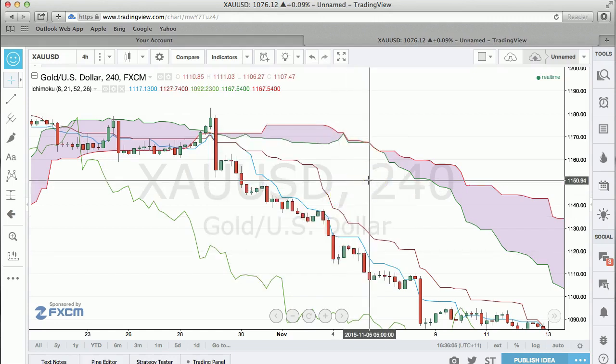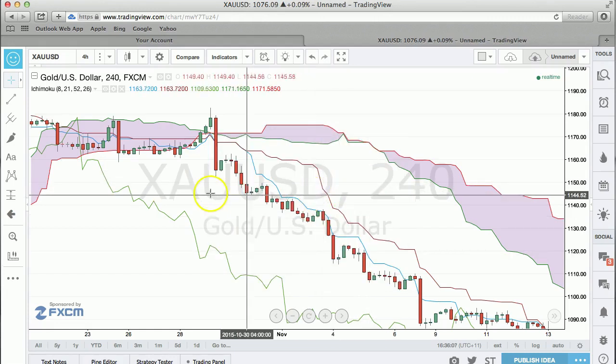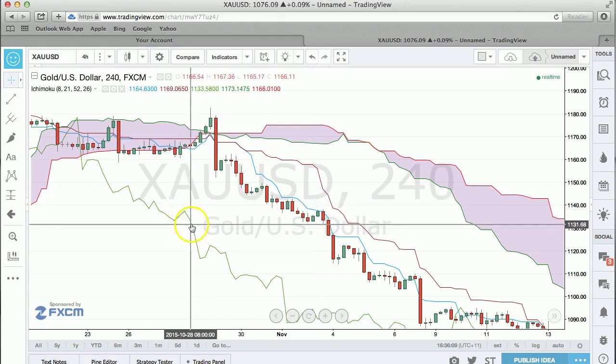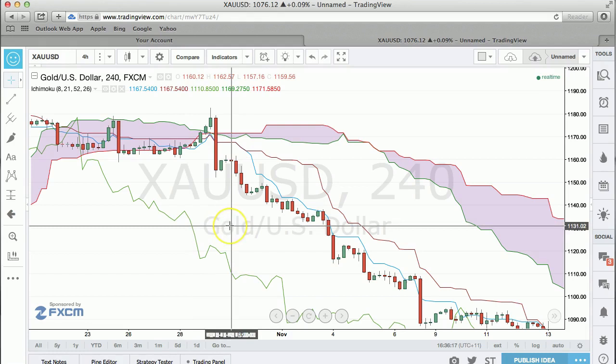Once you have 8 and 21 in, we're going to look at the green line, which I refer to as the money line. This green line is called the lagging line, and all it means is that if prices are closing below the lagging line, price can be bullish, and if prices are closing above the line, price is bearish.